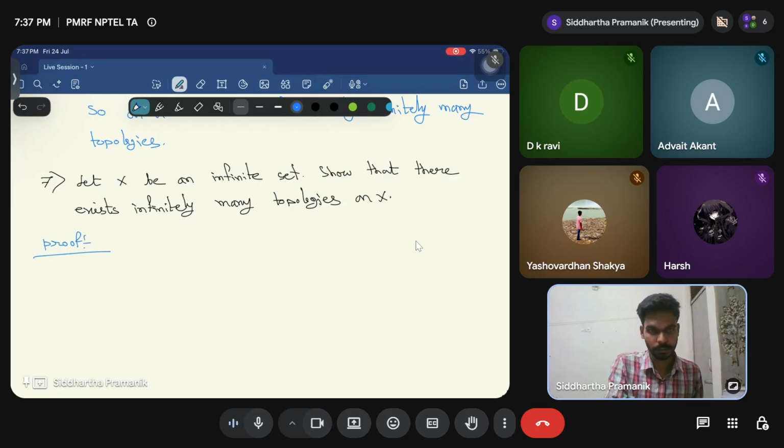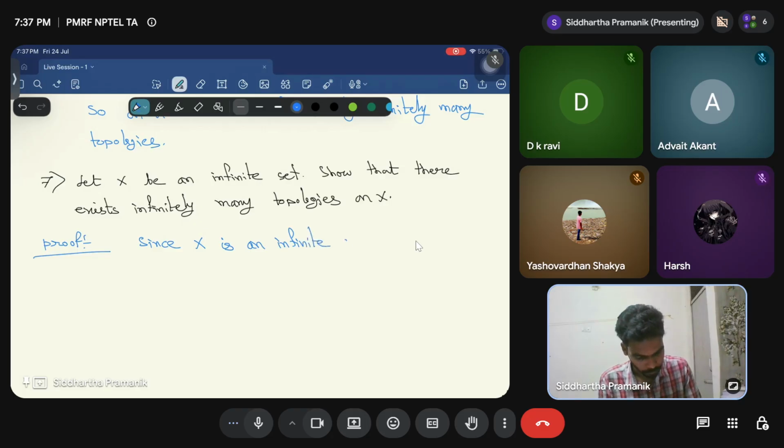So how to do this? What I will do is I will explicitly create infinitely many topologies. And how will I do that? Since X is an infinite set, X has a countably infinite subset.